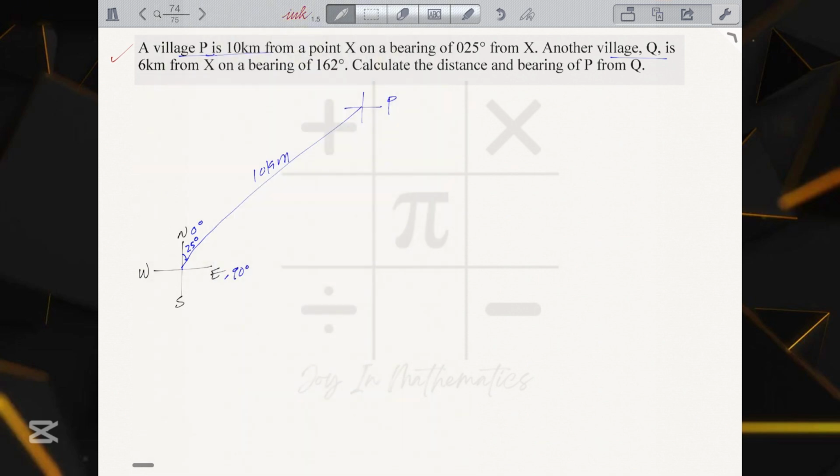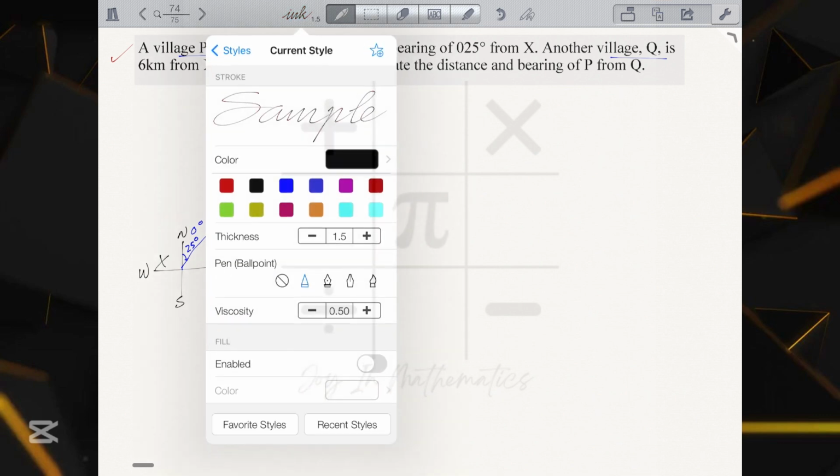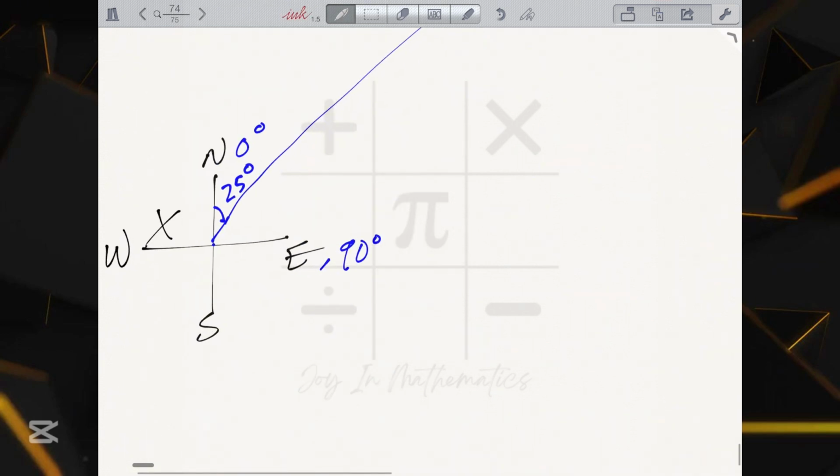Now, still the same position of X. Remember, we are using position X. And now let's take 162 degrees. Remember, this is 180 degrees, and therefore, we want to take 162 degrees. We come from here and move down to this point. So this point is called 162 degrees.